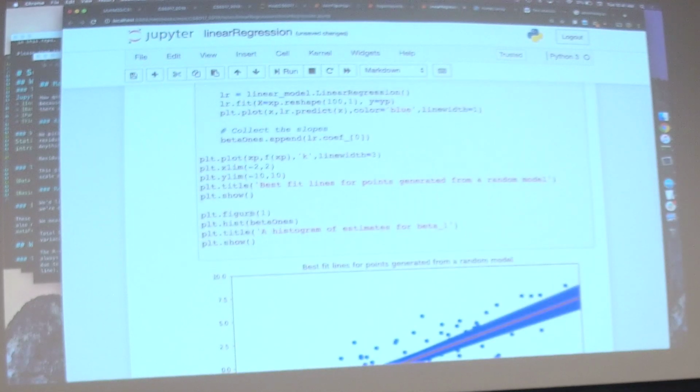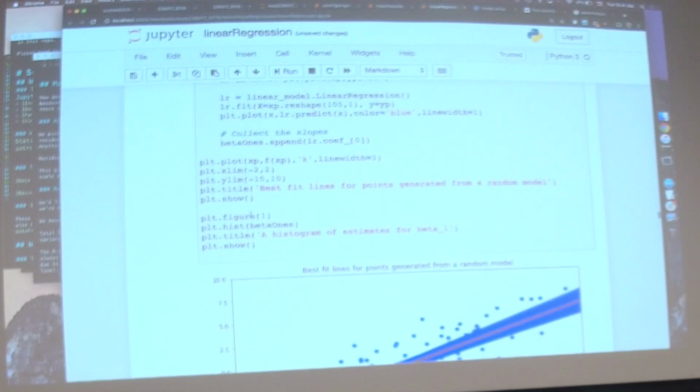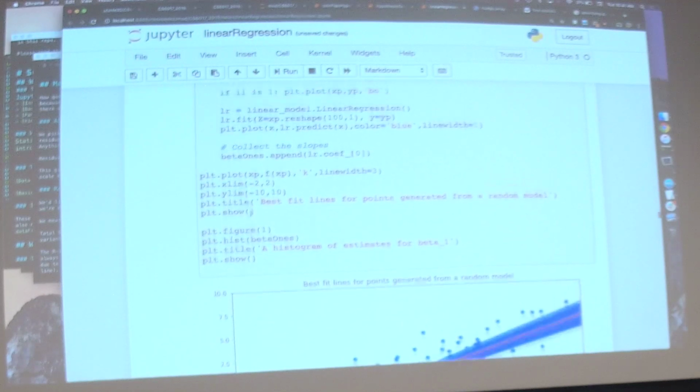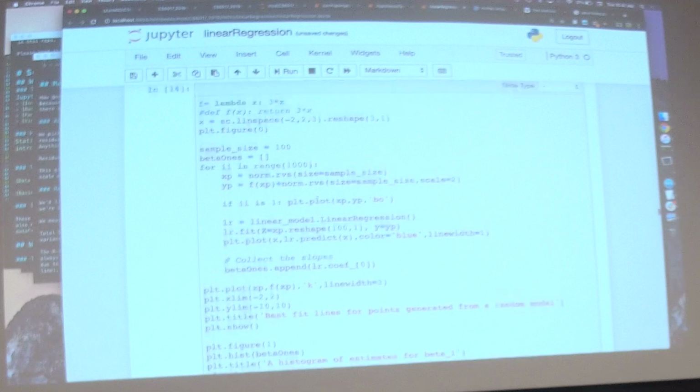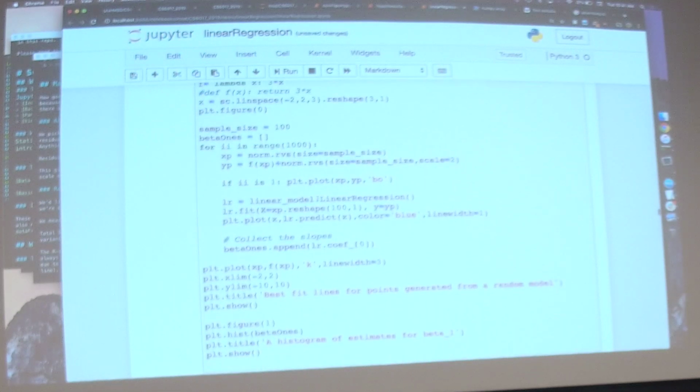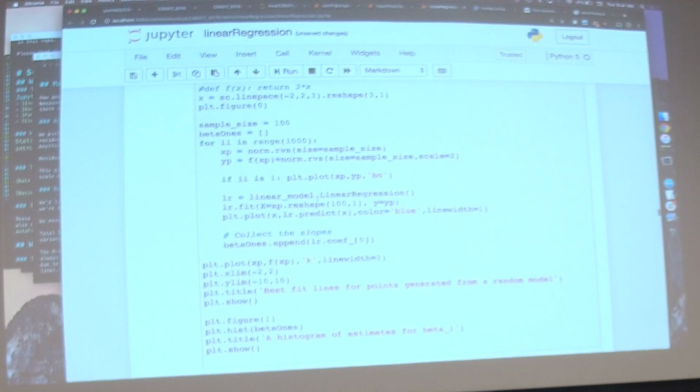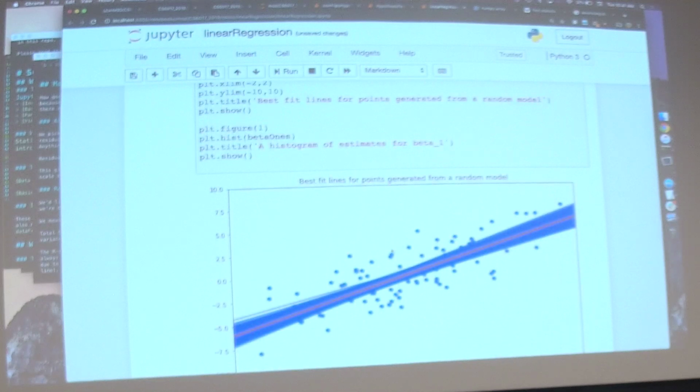And I think what we're showing here is, I believe the blue points are just one example set of points.